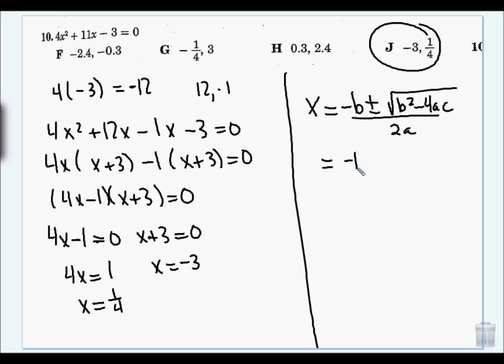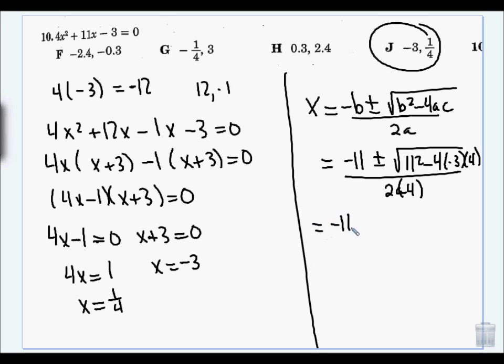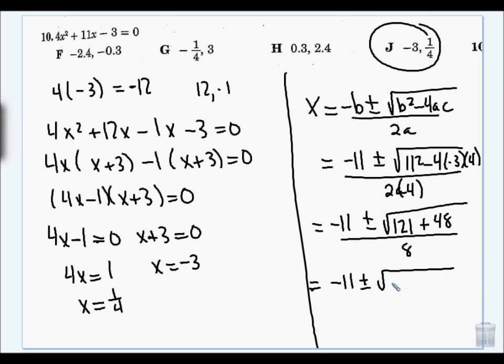So I get negative 11 plus or minus the square root of 11 squared minus 4 times negative 3 times 4, over 2a, or sorry, 2 times 4. So that's negative 11 plus or minus the square root of 121 plus 16 times 48 over 8. So that's negative 11 plus or minus the square root of 169 over 8.